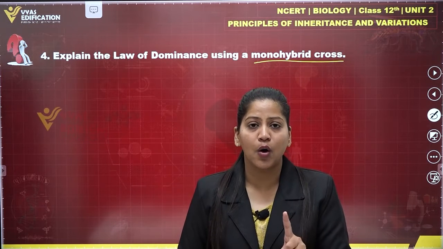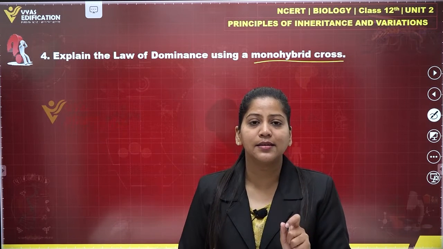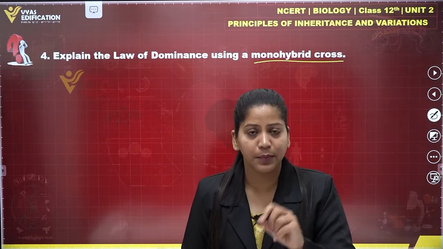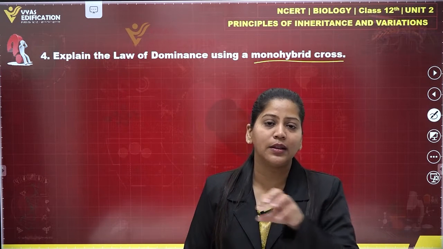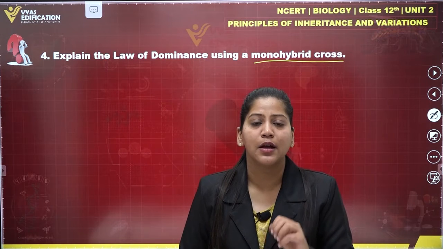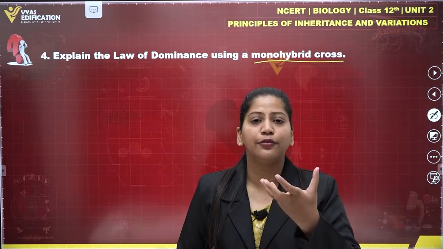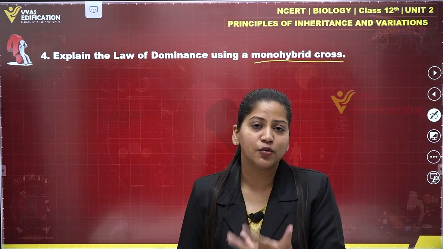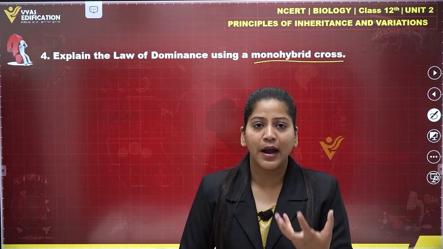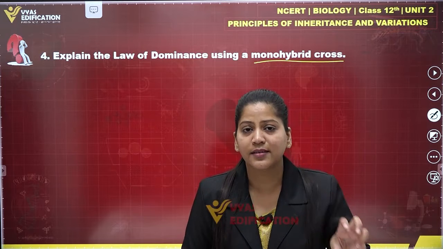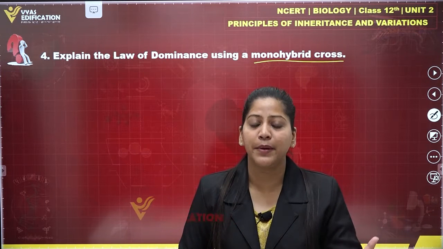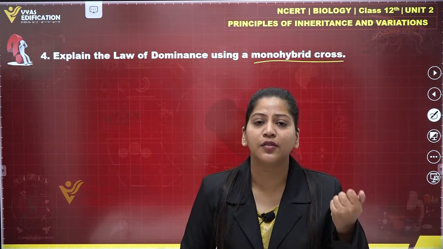When Mendel crossed the heterozygous plants between themselves, when the selfing was done in between the heterozygous tall plants, we found that in the F2 generation, some plants were tall, some plants were heterozygous tall, some plants were homozygous tall, and the recessive pair of allele reappeared, which was similar to that of its parent.